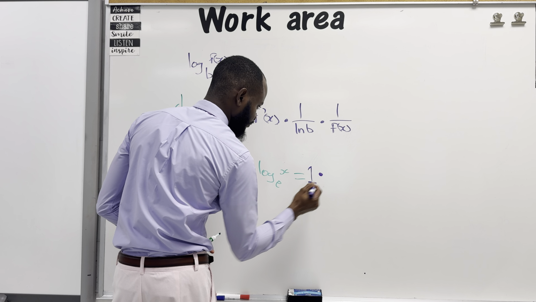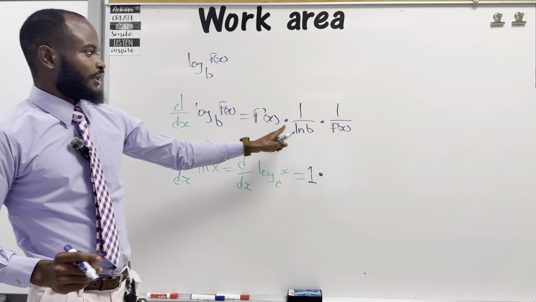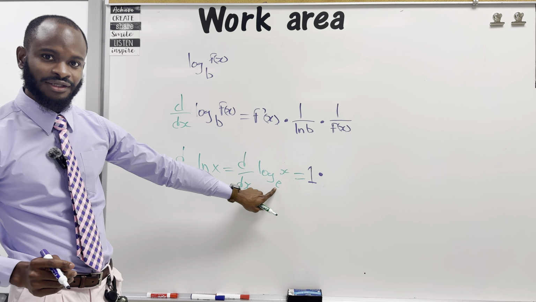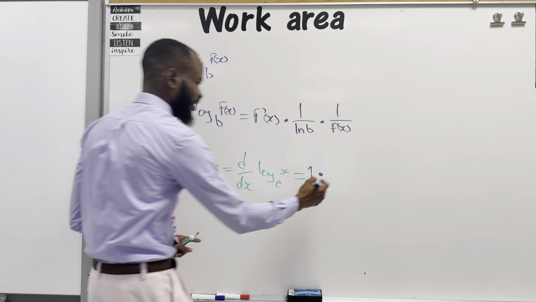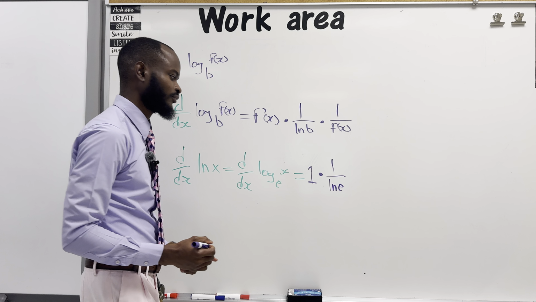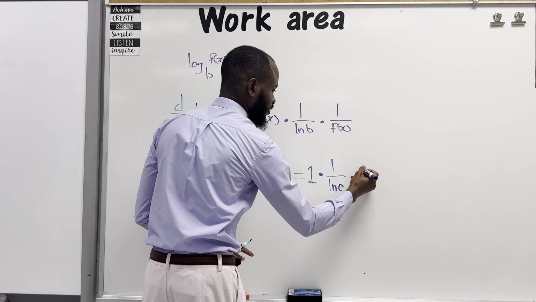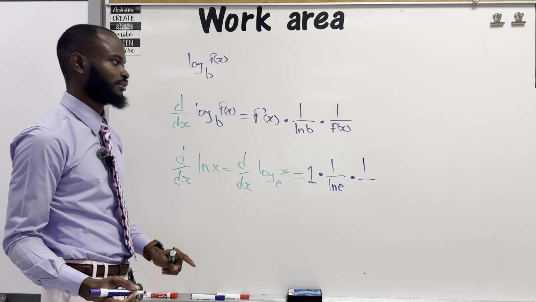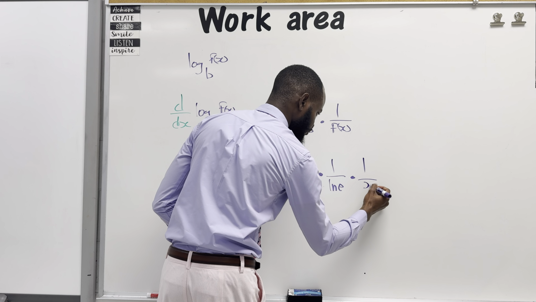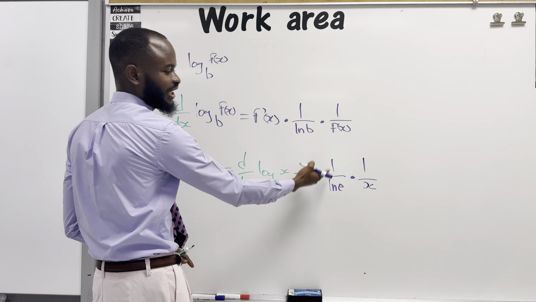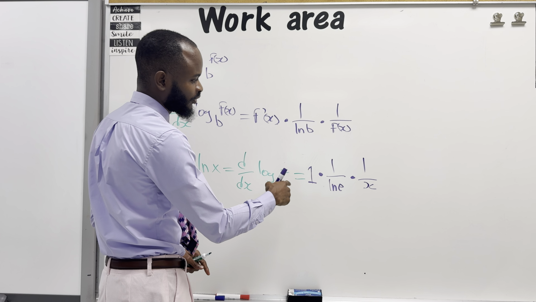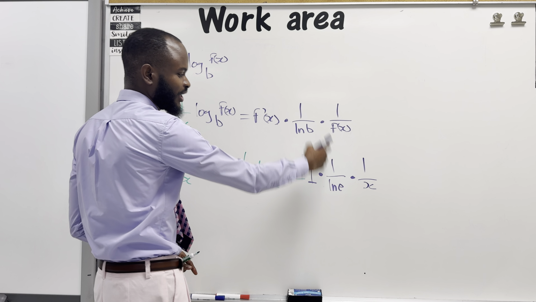Times 1 over the natural log of the base. What's the base here? It's e, so that's 1 over ln e. And we're multiplying that by 1 over the argument, which is just x. Before, we had just ln e; now we have 1 over ln e.